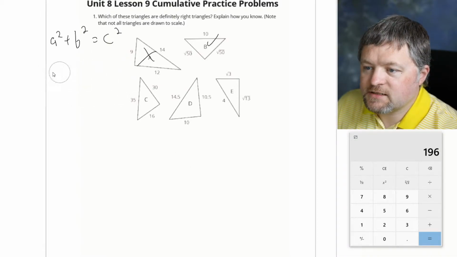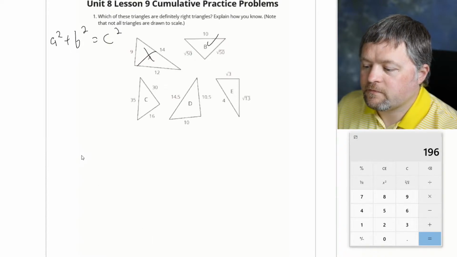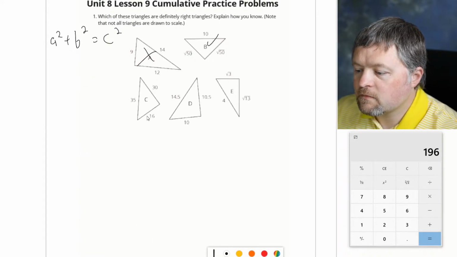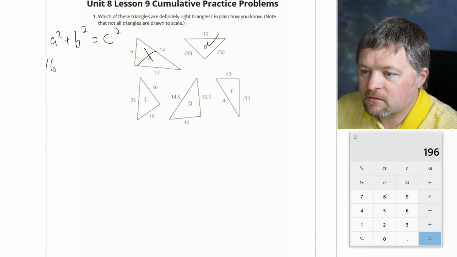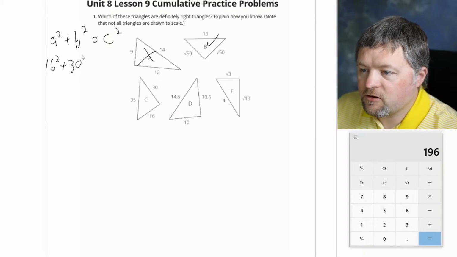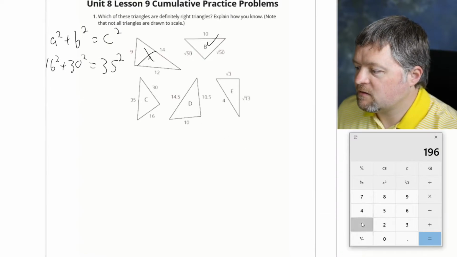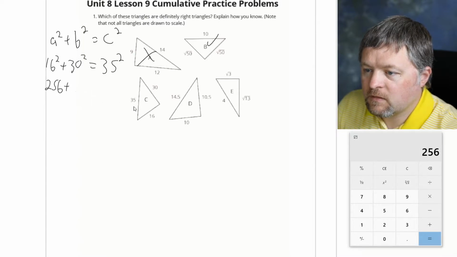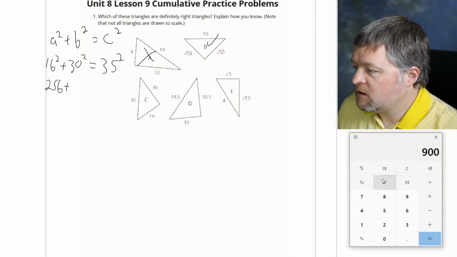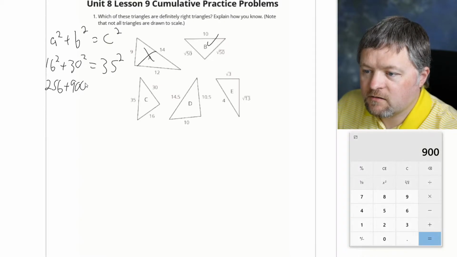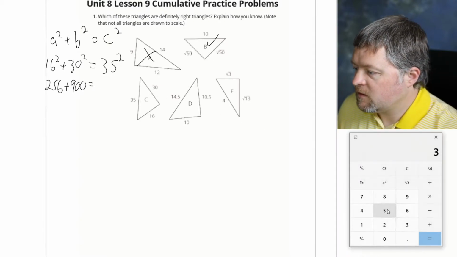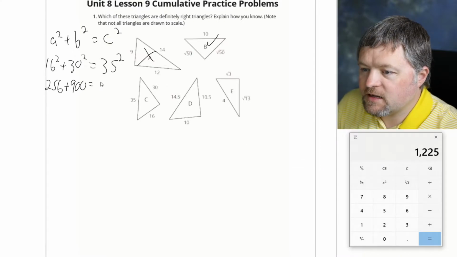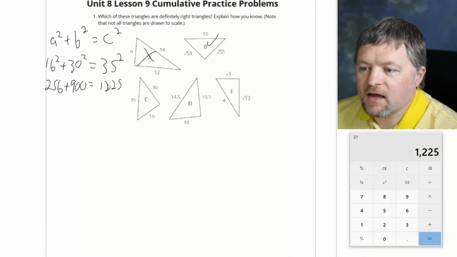Now let's check C. 16 squared plus 30 squared equals 35 squared. 16 squared is 256. 30 squared is 900. 35 squared is 1225.